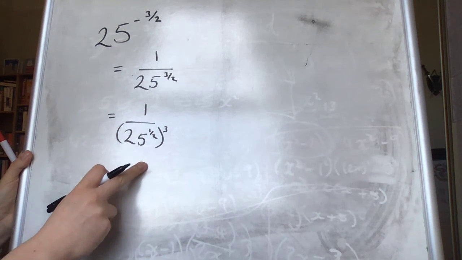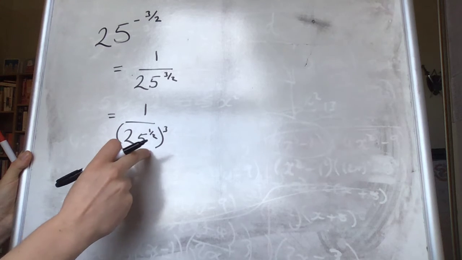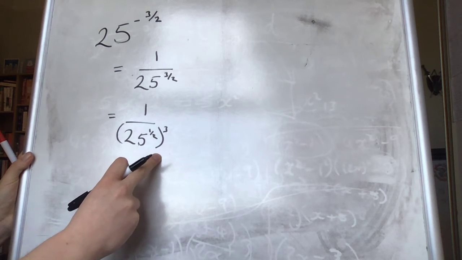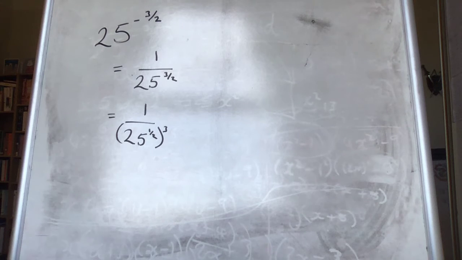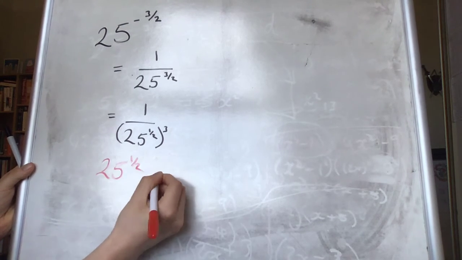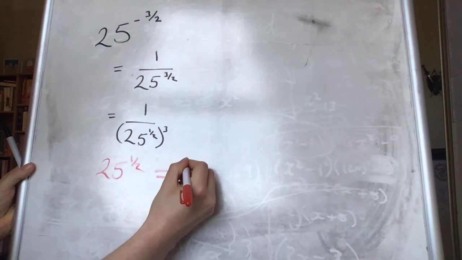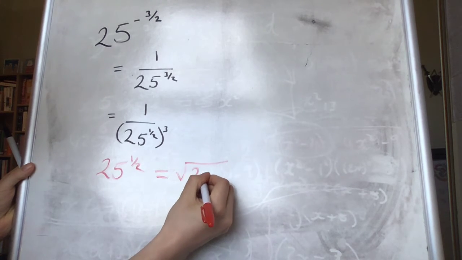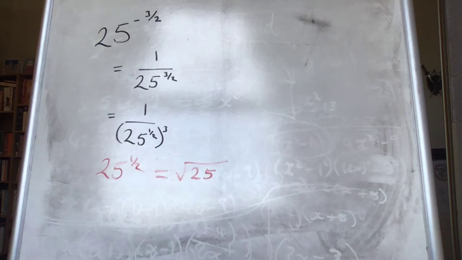And we should also know that 25 to the power of a half is the same as saying the square root of 25. In the same way that 25 to the power of 1/3 would be the same as saying the cube root of 25.